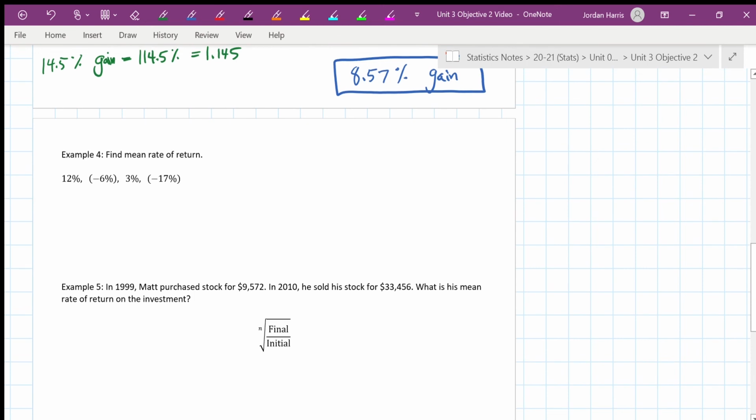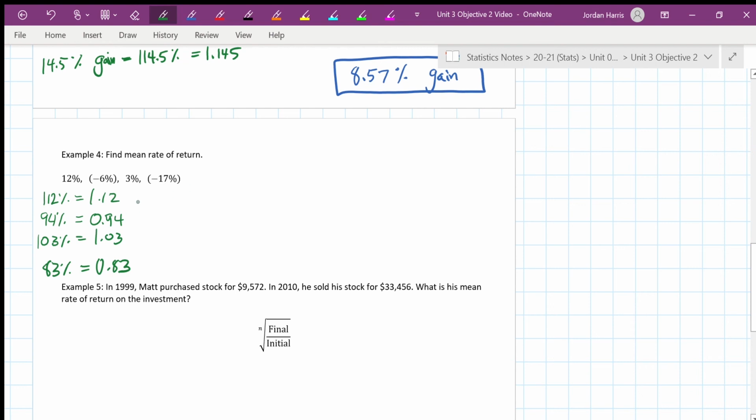All right. So I'll go through this one a lot faster. I have 2 losses and 2 gains now. So 1.12. 6% loss is 94% or 0.94. 3%, 103%, that's 3% gain, so 1.03. 17% loss is 83%, because that's 17 under 100, or 0.83.